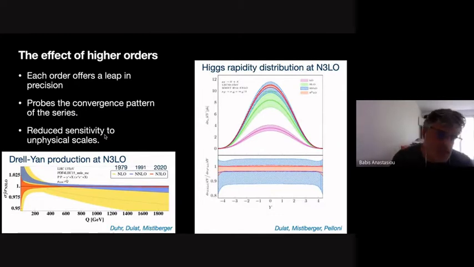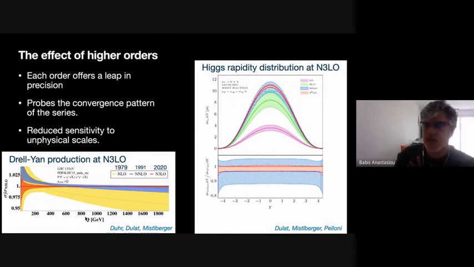What does one gain when we do that? Well, let me just flash a few recent results that happened in the last couple of years. They are at N3LO in perturbative QCD. You see in these plots two processes. One is Drell-Yan production, the inclusive cross-section, as a function of the invariant mass of the lepton pair, which is created via a virtual photon.